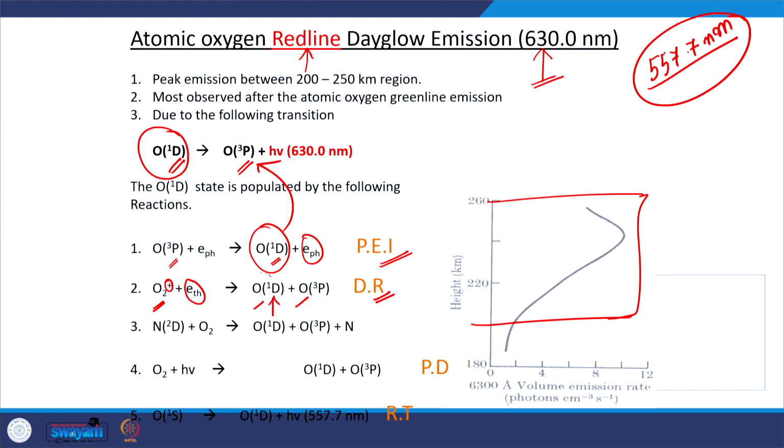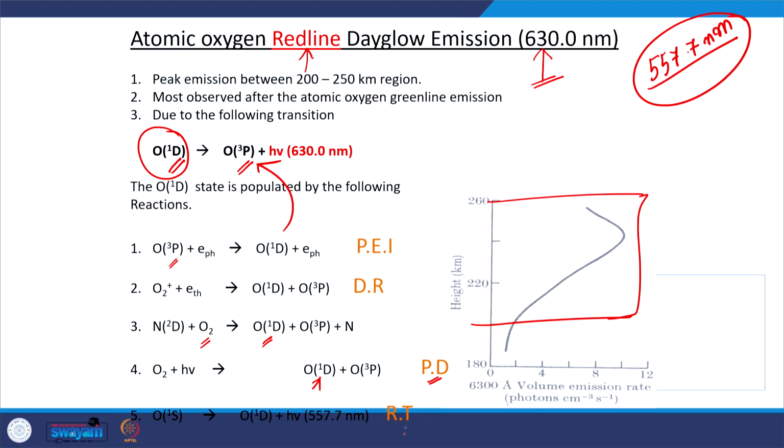So, all of these on the right hand side you are able to see the singlet D states, or oxygen in singlet D. Right. The third one is nitrogen interacting with O2 producing singlet D, and photodissociation of molecular oxygen can also produce singlet D.